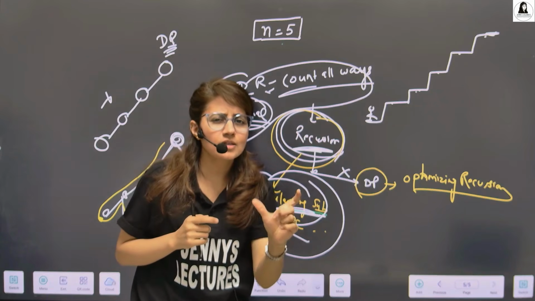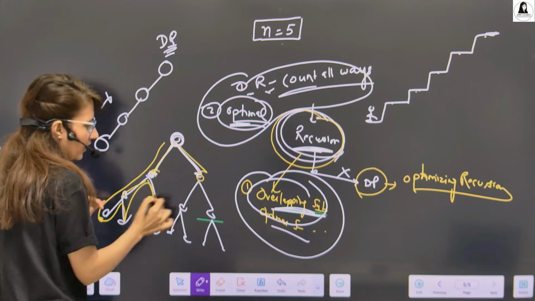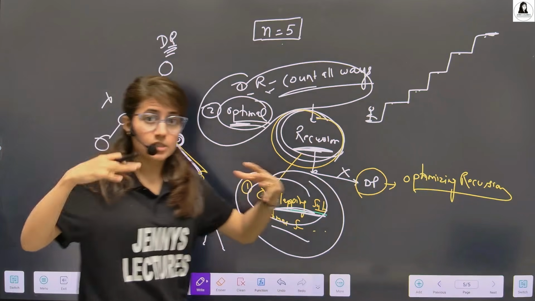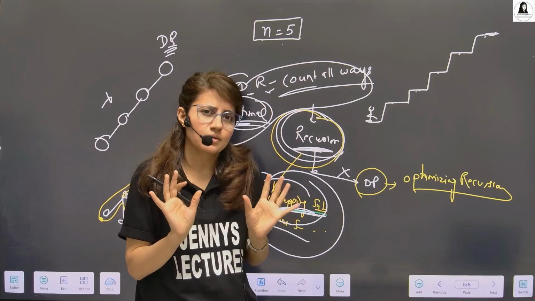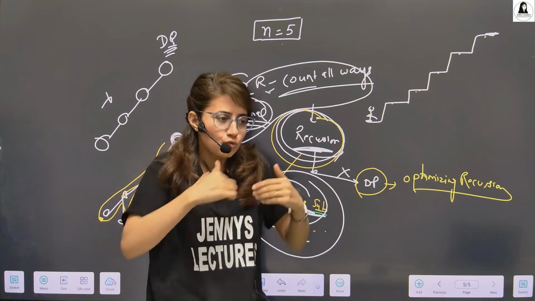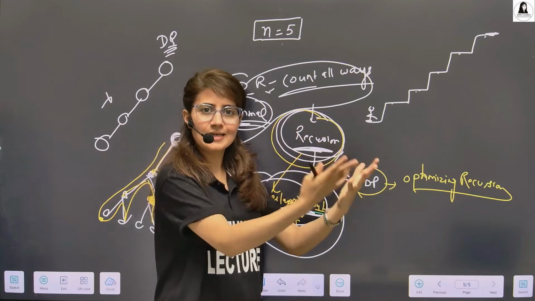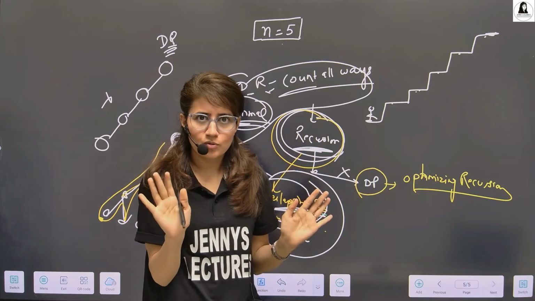Generally, when recursion has two calls like that, the subproblems will be overlapping. That's a DP sign that you can use DP here. One by one, when we discuss problems later, I'll tell you in each problem the keywords and how to identify. Don't worry about that.